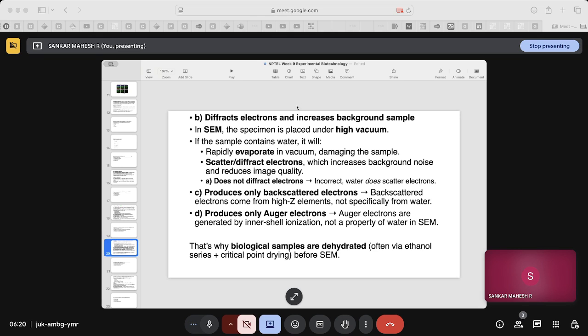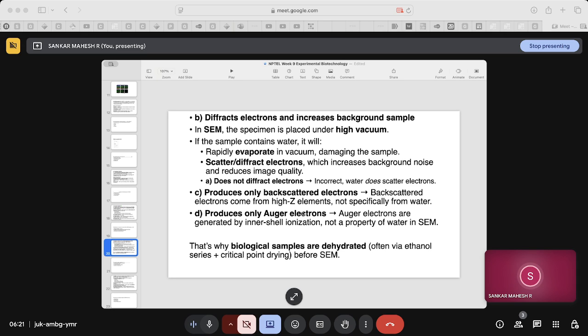And if there is this water, it will of course interfere with our sample by increasing the background noise. But what it does not do is diffract electrons, and it also does not produce backscattered electrons.